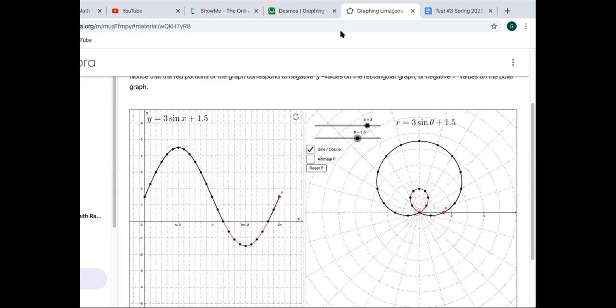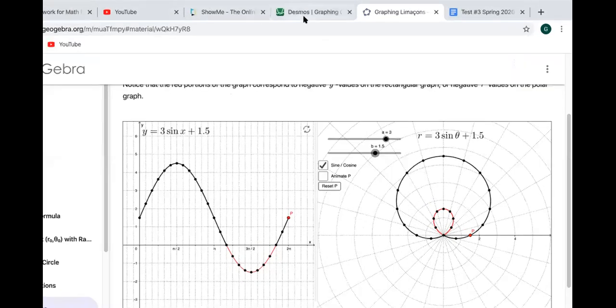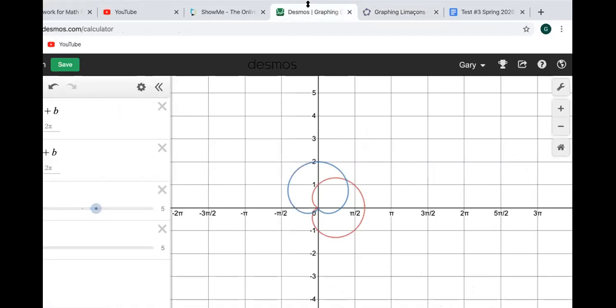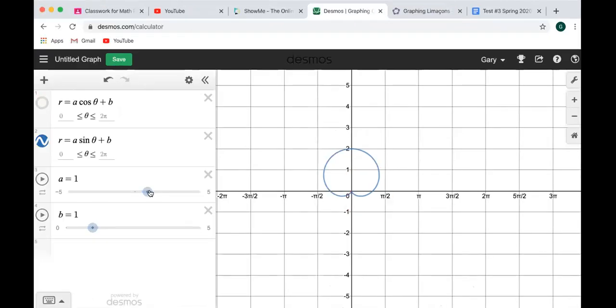I think I made this in Desmos also. And you can mess around with A or B and see how that inner loop happens.